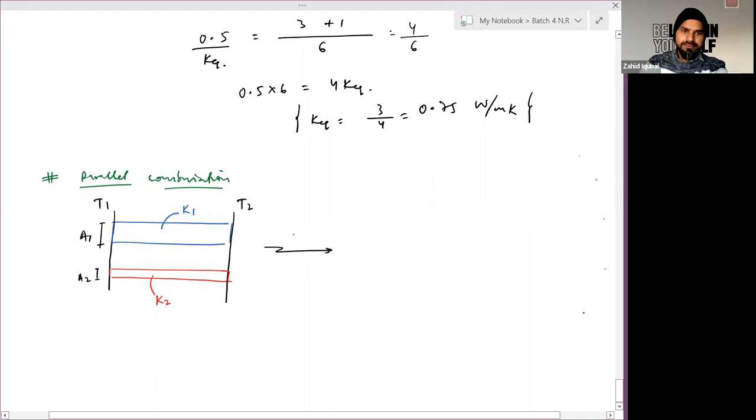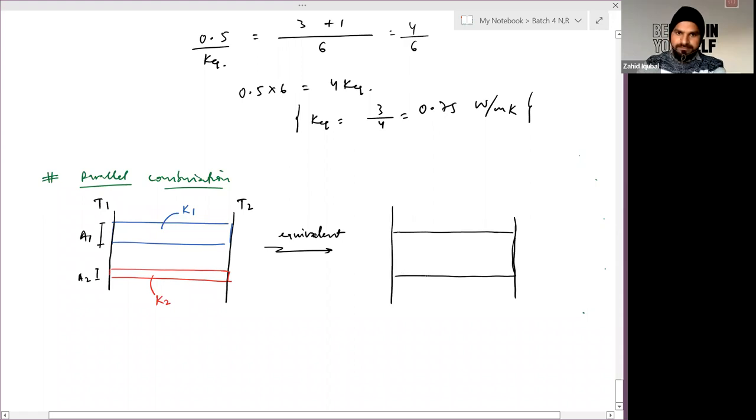So the equivalent combined rod will have area A1 plus A2, but the same length L, equivalent thermal conductivity K equivalent, connected to the same temperature difference T1 and T2.